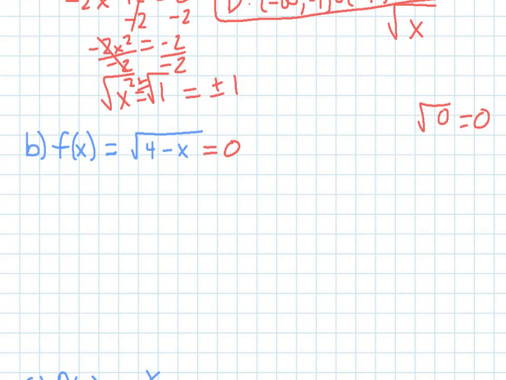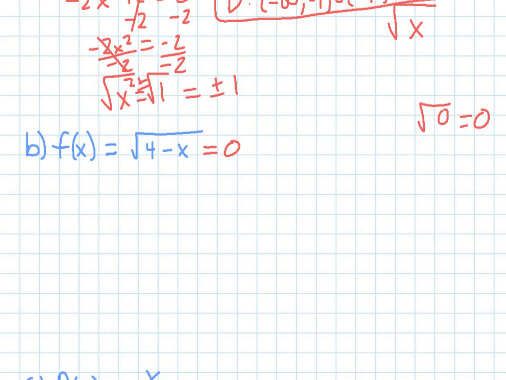Anything less than 0 will always be a negative number, right? So if you set what's underneath your radical equal to 0 to find that first value, then you can figure out which way you're supposed to go.